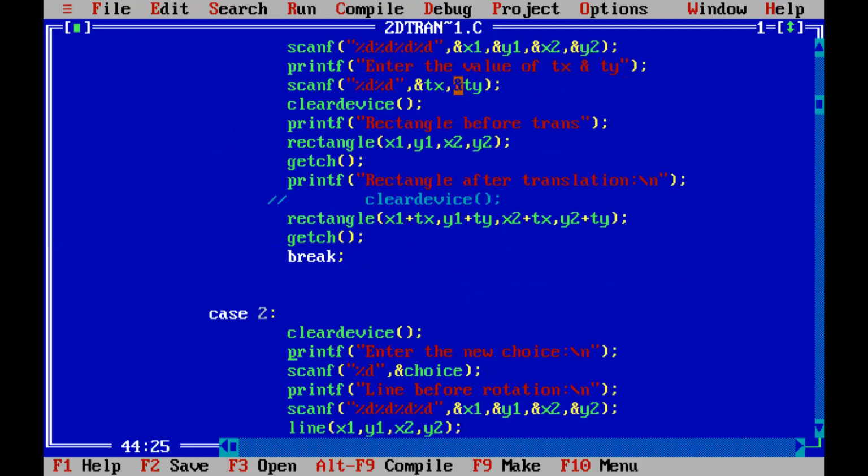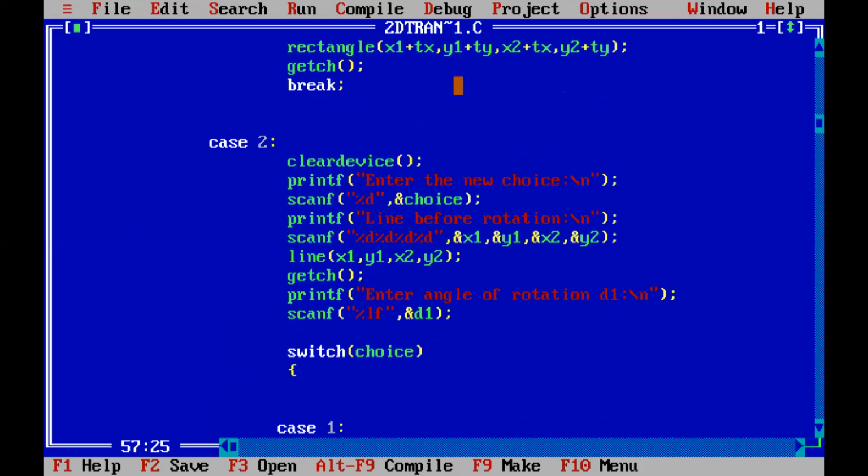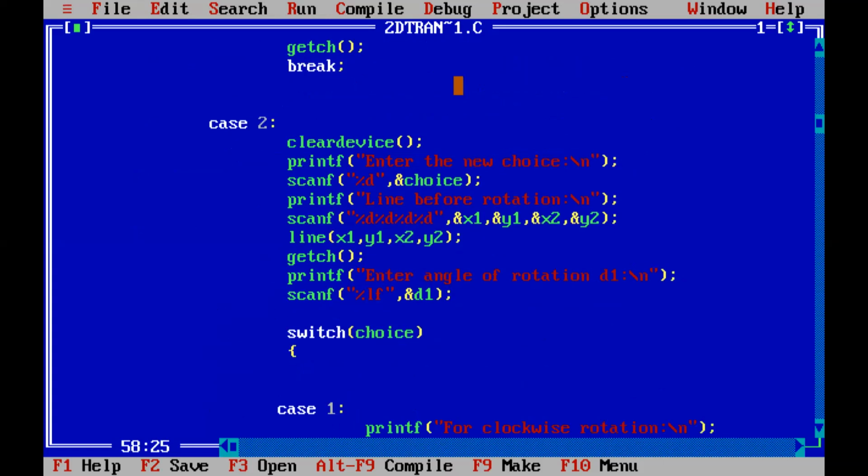So it will ask for the choice. Why is the choice taken here? Because there are two possibilities of rotation. First is the clockwise rotation and the other is anti-clockwise. So that's why the choices are taken for clockwise and anti-clockwise rotation of the object.